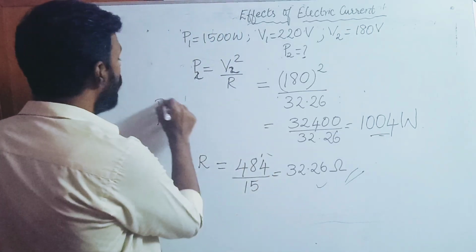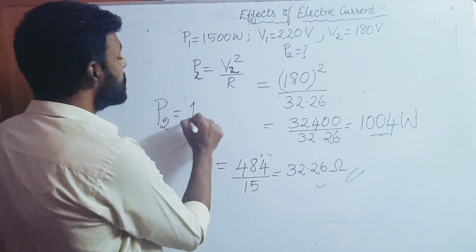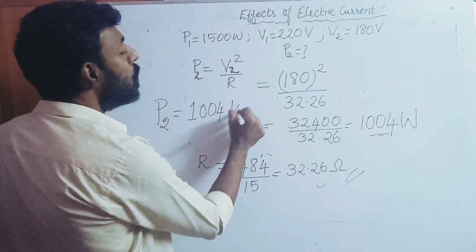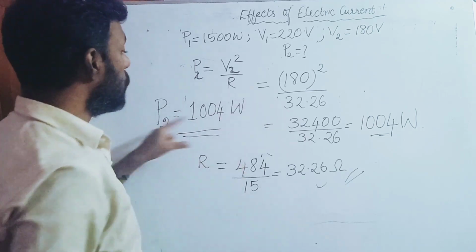Therefore, the value of P2 is 1004 watts.